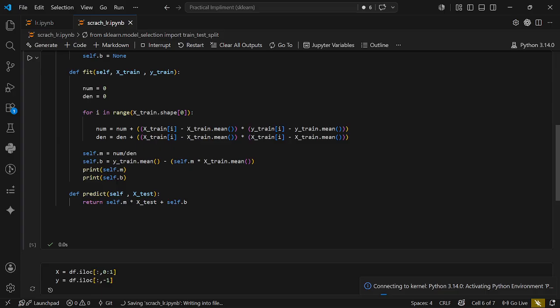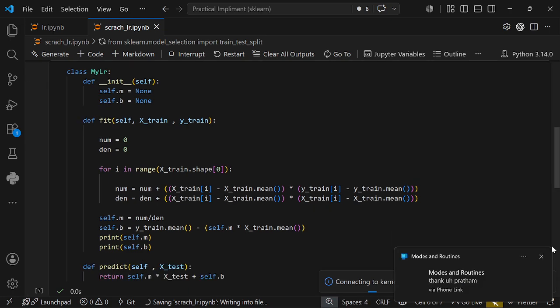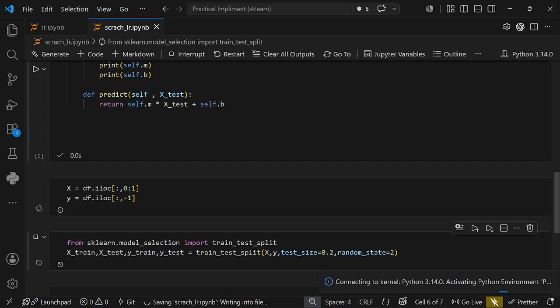So you can take a screenshot of this code over here. This will calculate your intercept and b value, and according to that it will give you the correct predictions. Like sklearn's linear regression, we have created our own function or class here. Using this you can create a model which will give the same output as the sklearn model.